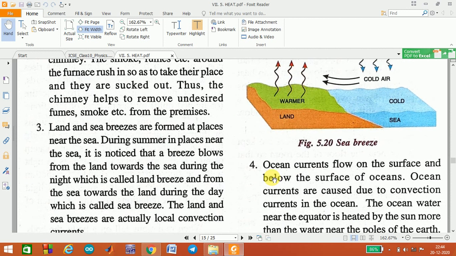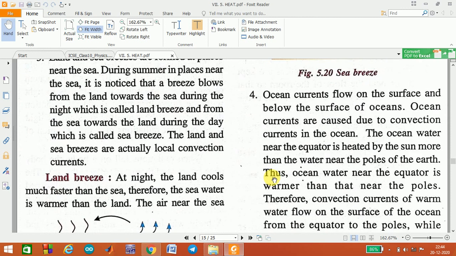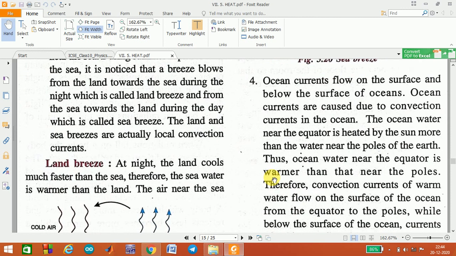Then number 4: ocean currents flow on the surface and below the surface of the ocean. This is due to convection only. Ocean currents are caused by convection currents in the ocean. The ocean water near the equator is heated by the sun more than the water near the poles.